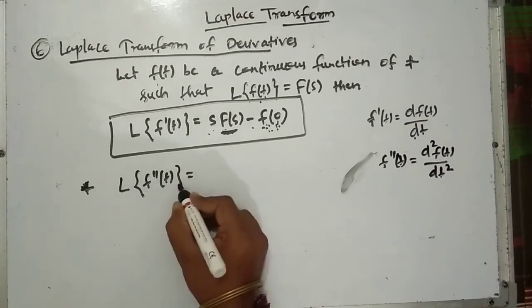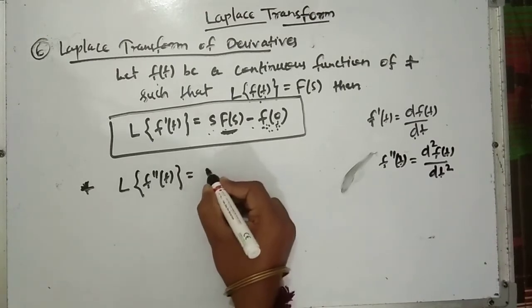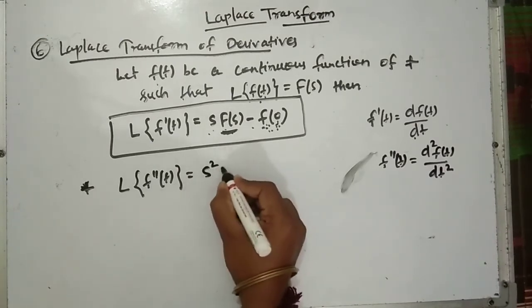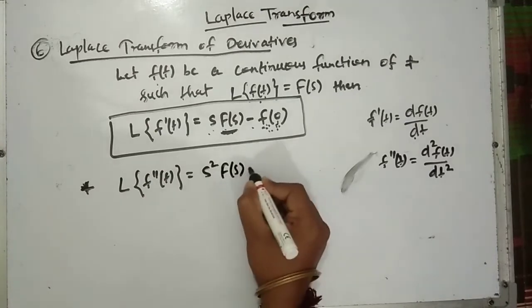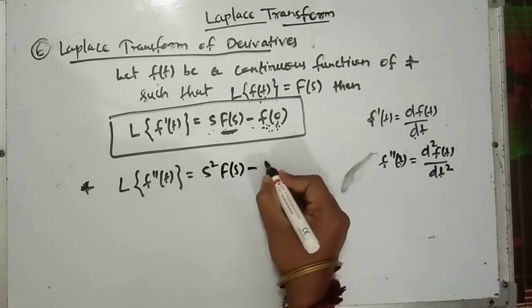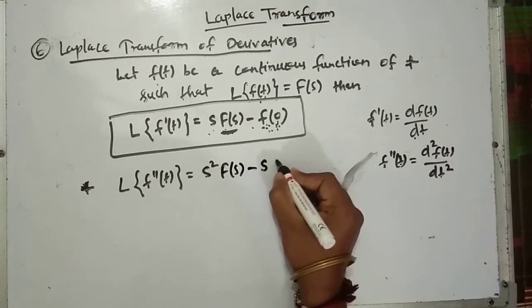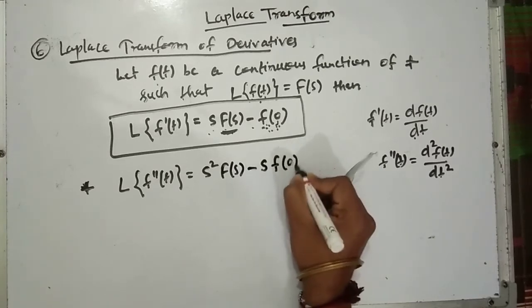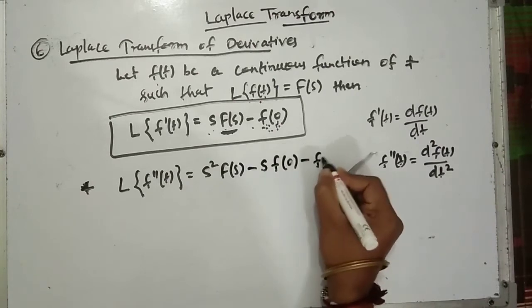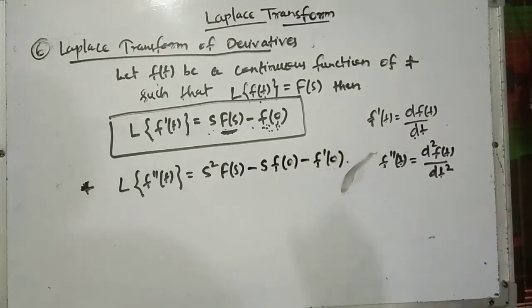The Laplace transform will be s square F(s) minus s f(0) minus f dash 0.